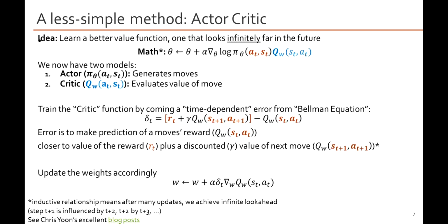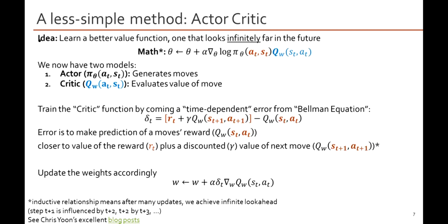It follows a fairly similar tone, where here's my gradient term, where I want to step in the direction according to the probabilities of that state and action, multiplied by this Q function, where this Q function is called the critic term, where my policy function is called an actor, and it's called the critic because it weighs the values of my moves.